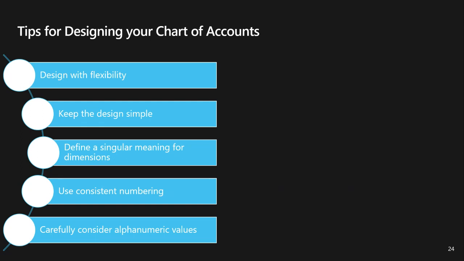Typically, using just numbers is recommended. They can be difficult to sort and inconsistent in length due to the variable width of alphabetic characters. In some cases, it can be difficult to create ranges with alphanumeric dimension values.